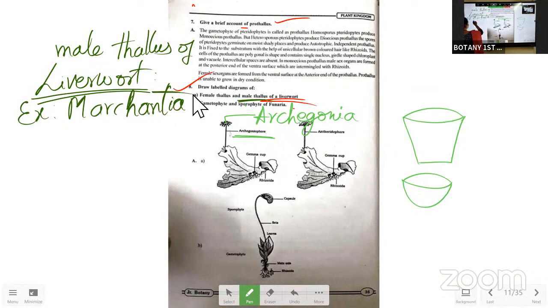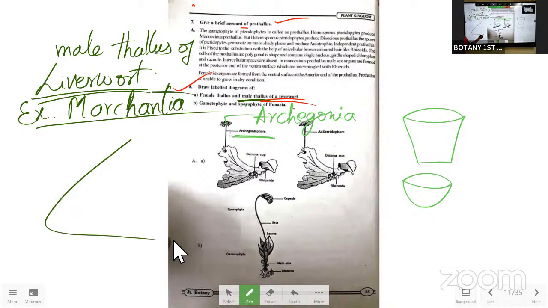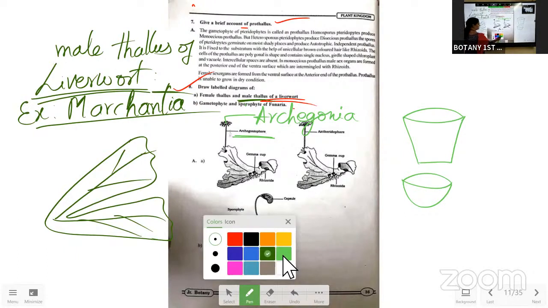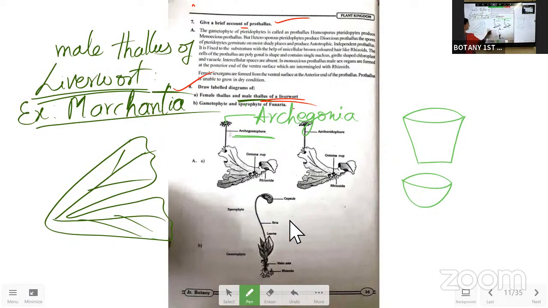Now I don't want to go with many more headaches. So now the male thallus. Male thallus, again the same liverwort-like occurrence, having the midrib, and midrib is branched. Now this male thallus will be having the antheridia.